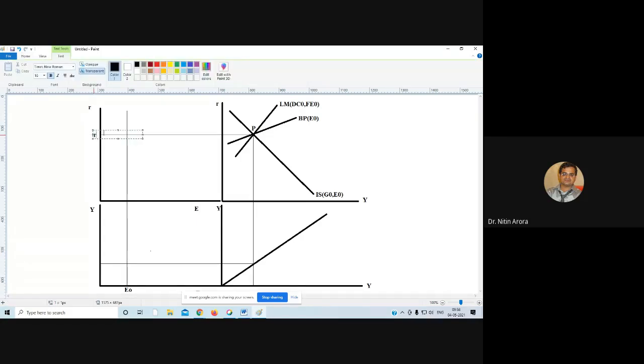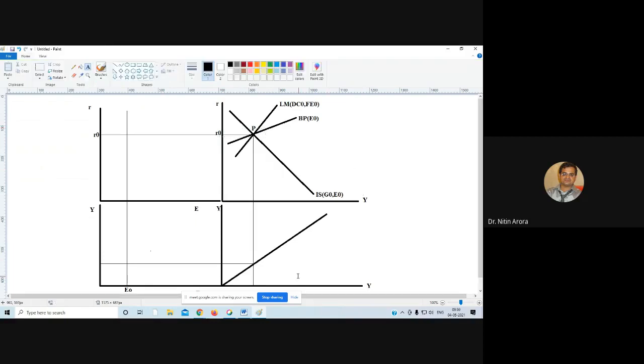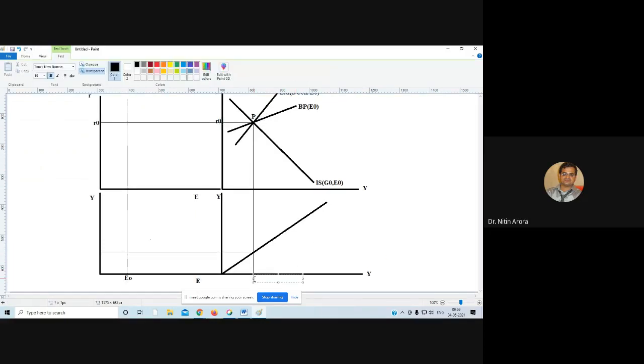R0 is equilibrium interest rate, R0. Y0 equilibrium income.